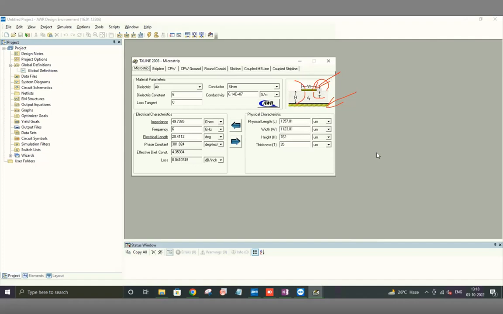Once you buy that board, the thickness is fixed. Then the only thing you have control over is the width. Again, the larger the width, the higher the capacitance, the lower the inductance, and hence the lower the impedance, and vice versa. That's the only thing you have to control to get your transmission lines.